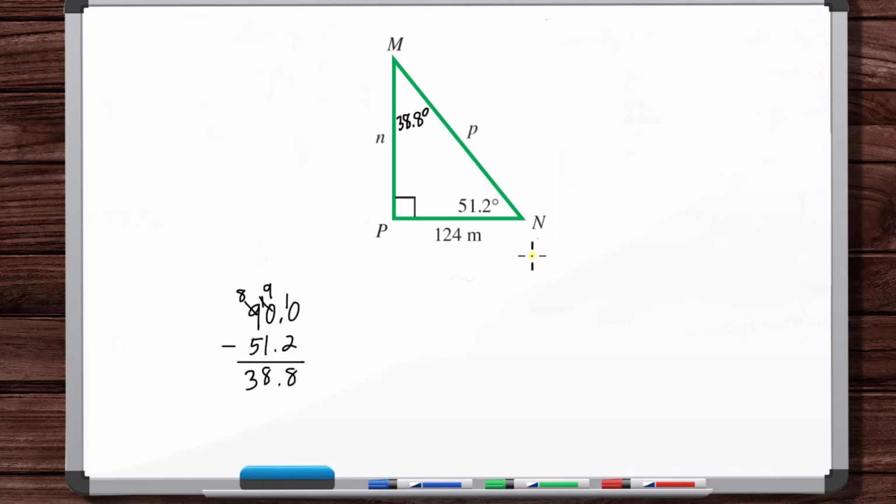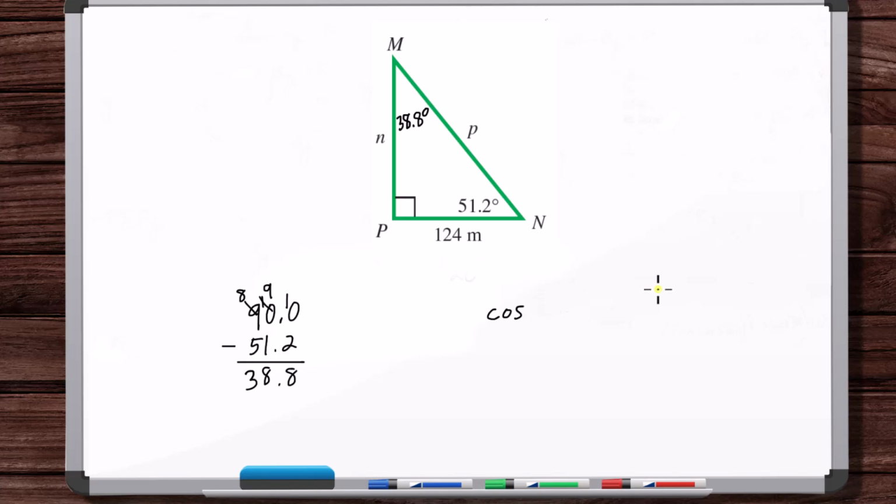Okay, so we can pick any trig function in any angle. So let's do cosine of 51.2. So the cosine of 51.2 degrees is equal to adjacent over hypotenuse. Why don't we, to make it easier, it doesn't matter.